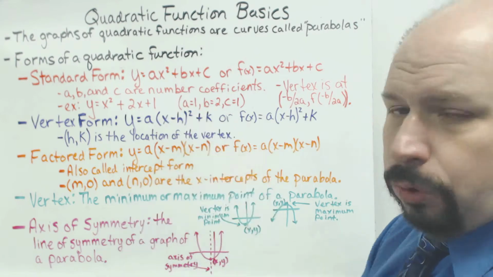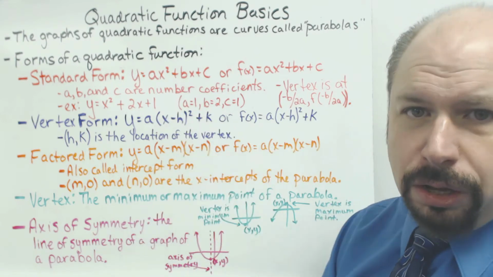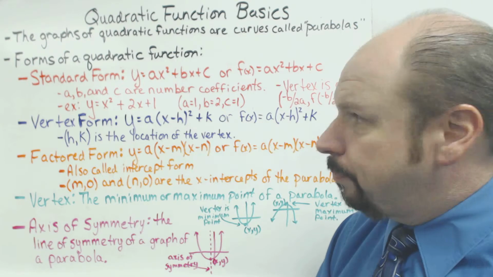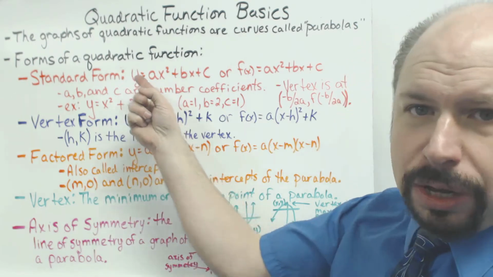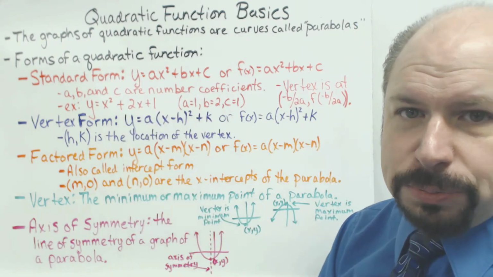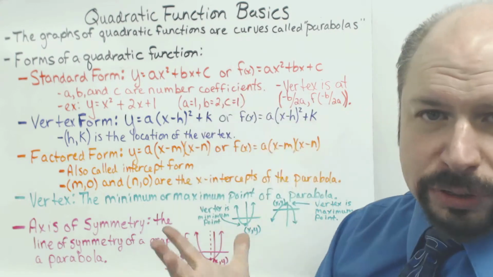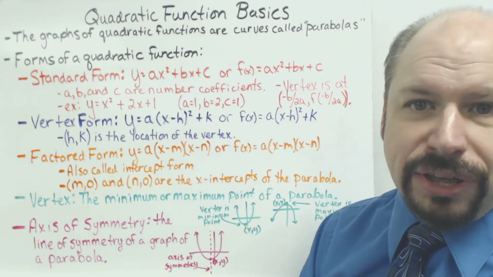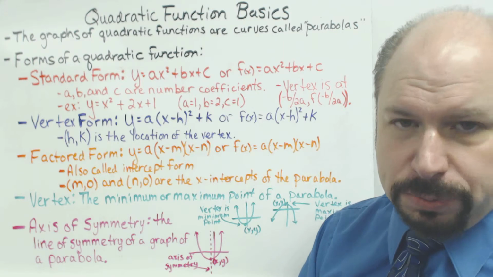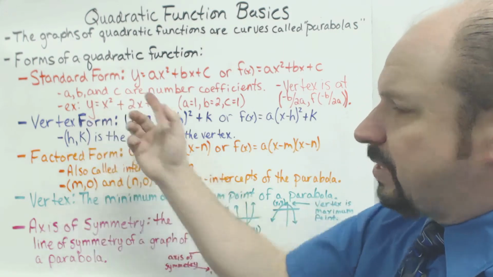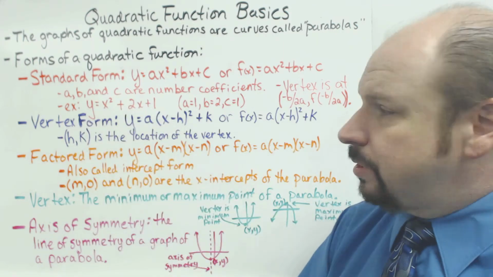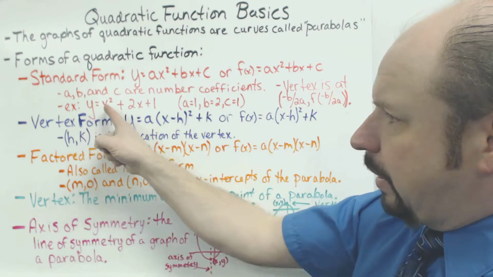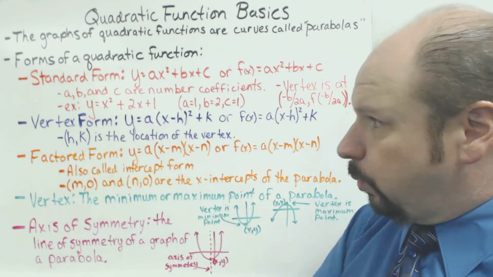So we have several forms of a quadratic function. The first one we call standard form. And standard form is y equals ax squared plus bx plus c. Or if we write it in function notation, f of x equals ax squared plus bx plus c. A, b, and c are just number coefficients. So for example, y equals x squared plus 2x plus 1.